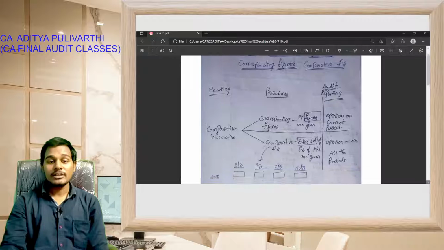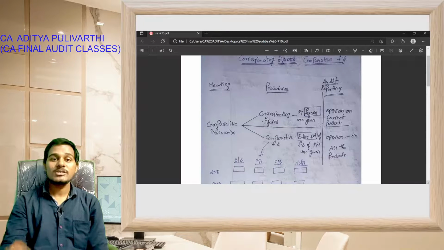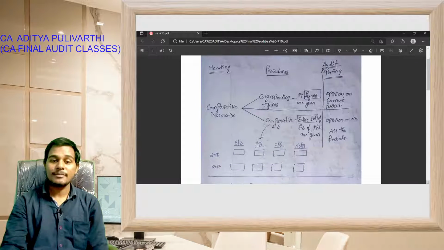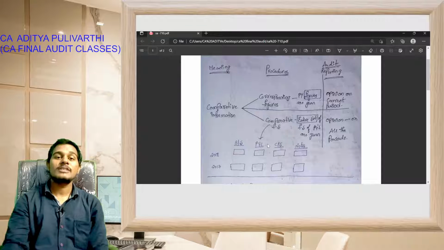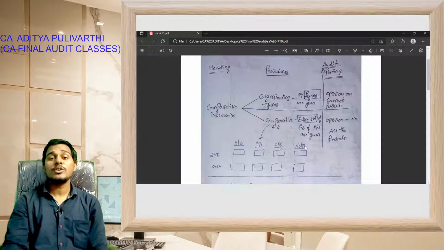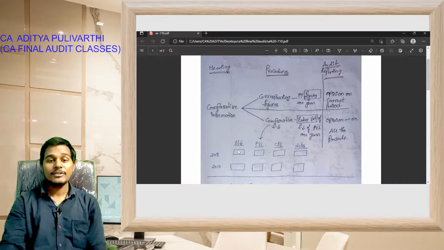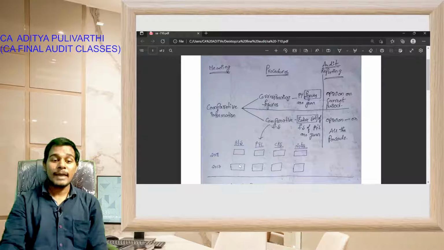See students, comparative financial statements means the entire set of financial statements of the previous year are given, that is balance sheet, profit and loss account, cash flow statements and notes to accounts. The 2018 balance sheet figures are compared with the 2017 balance sheet, and the profit and loss account of 2018 is compared with 2017.